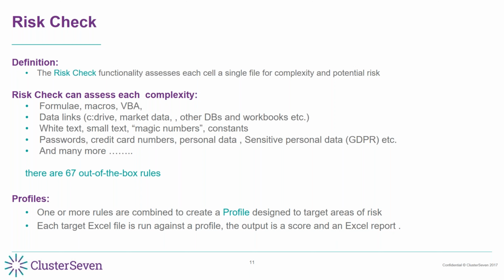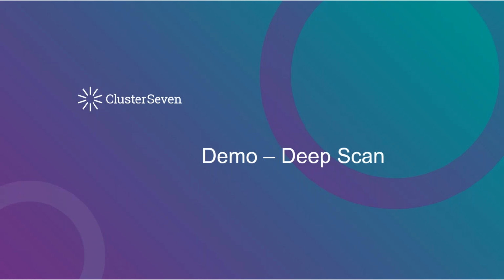We combine these checks into a profile, and the profile is what the deep scan is run against. You can run that deep scan across multiple profiles. So you can run it against poor spreadsheet practice, and you could run it again against the same data set against GDPR. And of course, you will get different results as well. So again, let's see some of that in action.